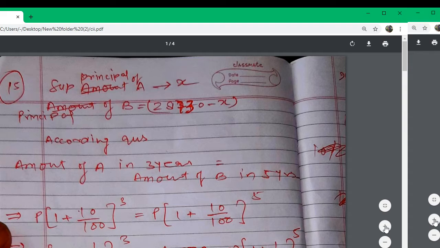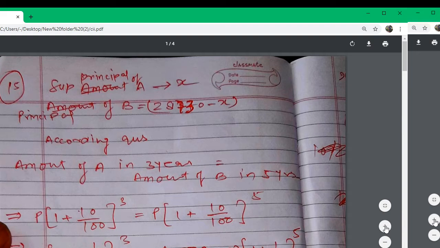Question number 15 is this: divide rupees 28,730 between A and B, so that when their shares are lent out at 10% compound interest, compounded per year, the amount that A receives in 3 years is the same as what B receives in 5 years.